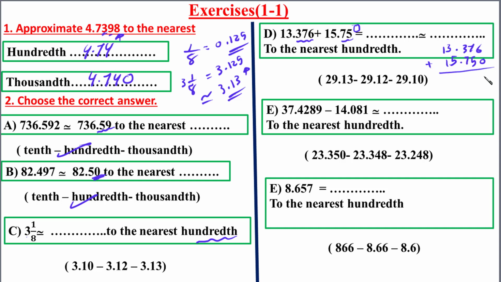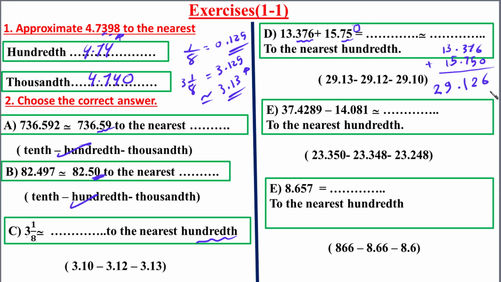We can add now. 6 plus 0 equals 6, 7 plus 5 is 12, write 2 and carry 1 over to 3, it will be 4, 4 plus 7 is 11, bring down the point, and 1 plus 3 equals 4, 4 plus 5 will be 9, and 1 plus 1 equals 2. So it will be 29.126.